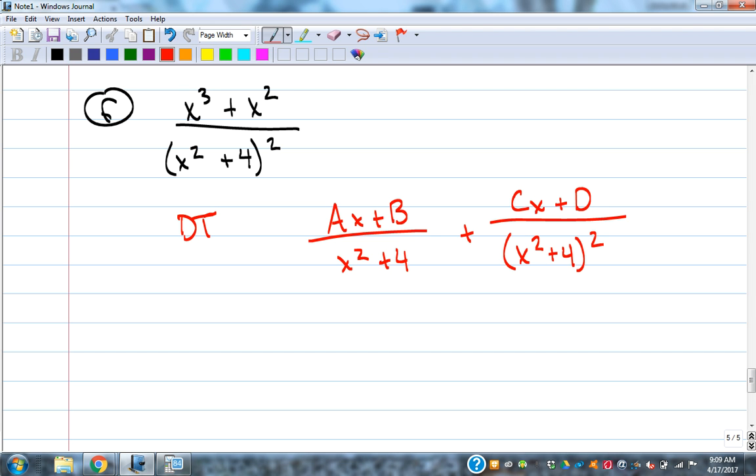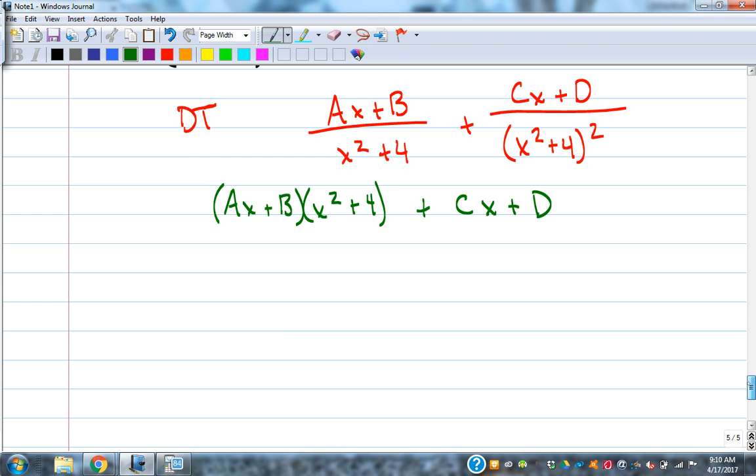All right. So what does the first fraction need? Another x squared plus 4. So ax plus b gets multiplied by x squared plus 4. But here's what shortens this one up. What's the second fraction need? Nothing, which is a good thing. You ever have those people in your life that are needy?